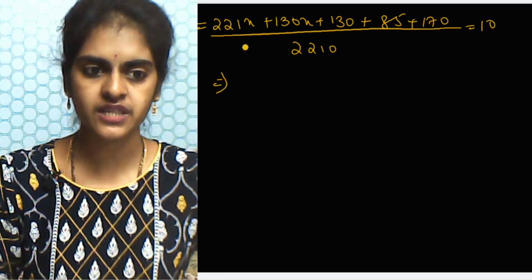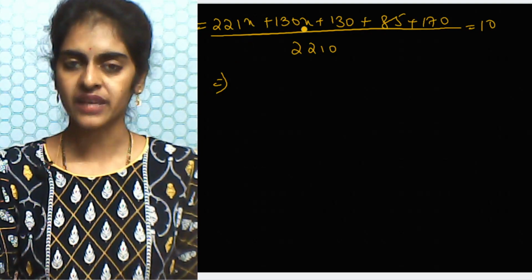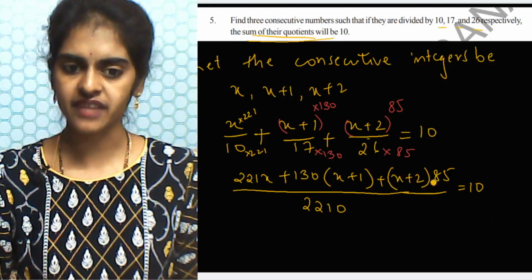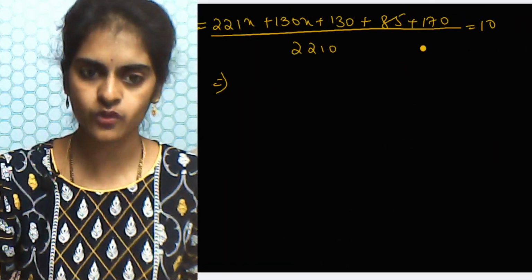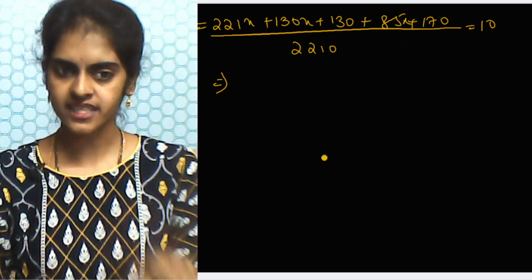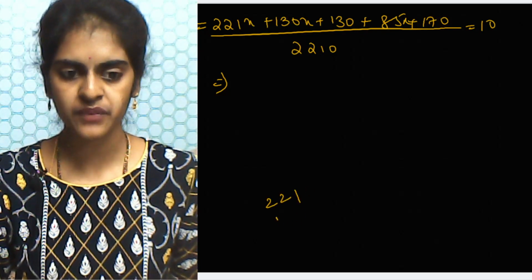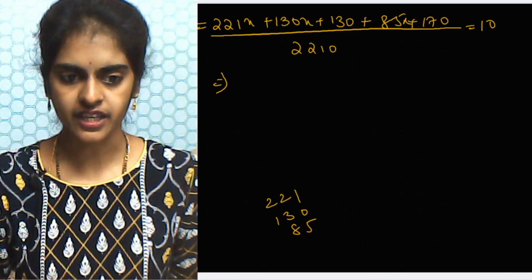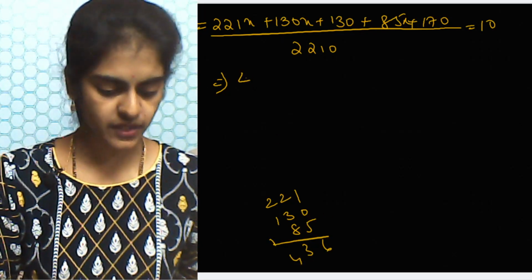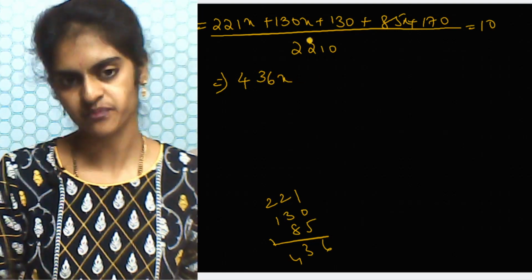So this becomes 221x plus 130x plus 85x. Yes, this is 85x. Adding all these x terms, what will you get? 221 plus 130 plus 85 gives 436x.